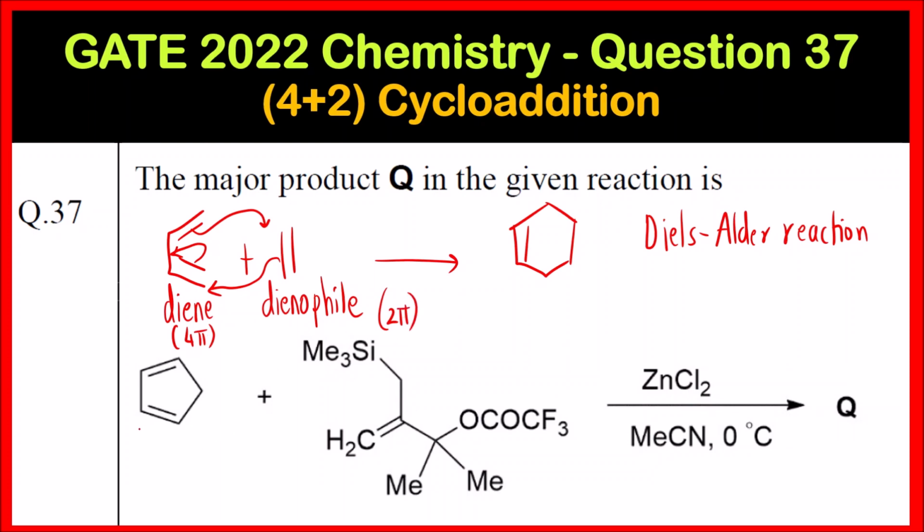In this reaction you can see this is a 4 pi system, that is it has 2 double bonds, 2 plus 2, 4 pi electrons. So from this I came to know that this is a diene. But from this, can you come to know this is a dienophile? There is one double bond, but there are some other groups. So we have to modify this, and this is going to be slightly different from the regular Diels-Alder reaction that we see.